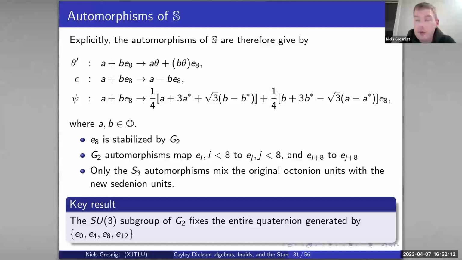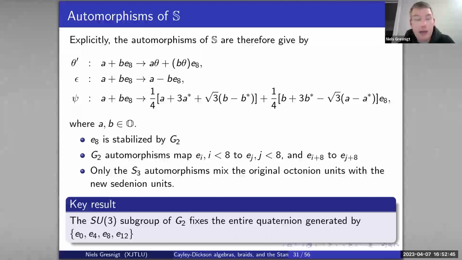One thing you notice immediately is that E8 is stabilized by all of G2, because theta here would be a G2 automorphism, an automorphism of the Octonions. Also, the original Octonion units, E1 to E7, just get mapped to E1 to E7 again, and E9 to E15 get mapped to E9 to E15 by the G2 automorphisms.